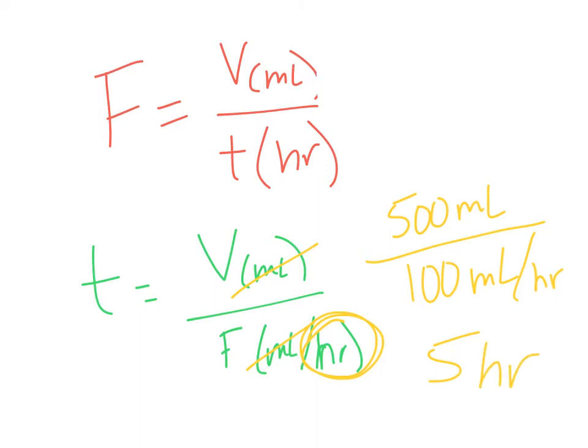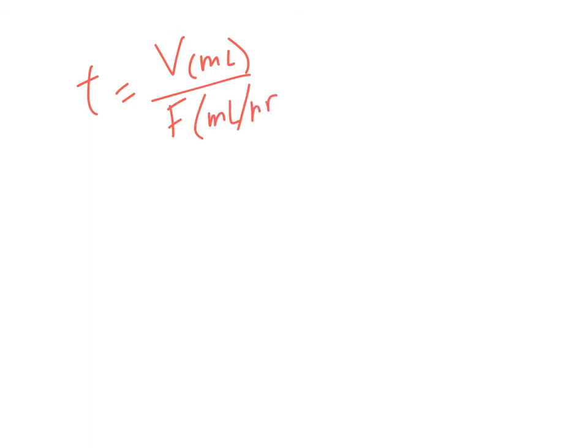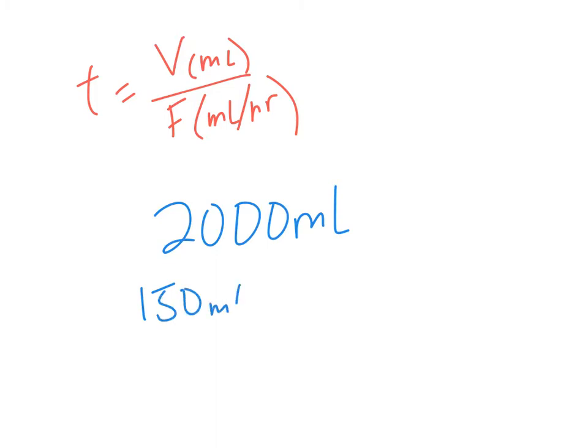So no matter what you're given, even if it's something we can't easily do in our head, to calculate time, you just take your total volume divided by the flow rate. And the flow rate will be given as milliliters per hour. So let's say a patient needs to receive 2,000 milliliters at a rate of 150 milliliters per hour.